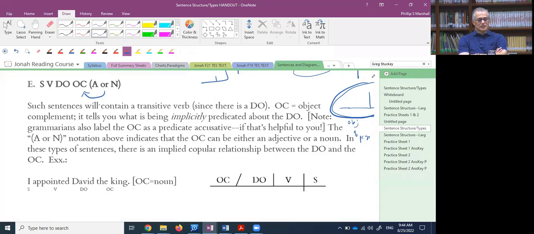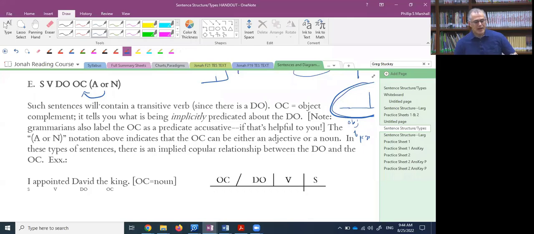What does this refer to? Subject, verb, direct object. OC is an object complement. I'm going to have to use some examples to explain what I mean by this, because you've probably never thought about the grammar of it, or that there was a label for this, okay?